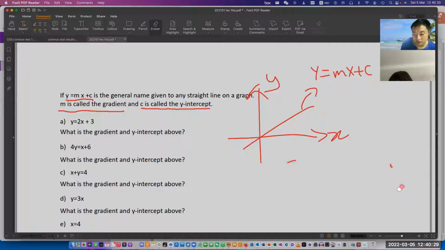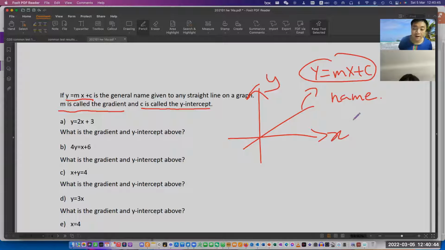So for a straight line in the x and y graph, the convention is this: y equals to mx plus c. What is y equals to mx plus c? It's just a name, in this format.